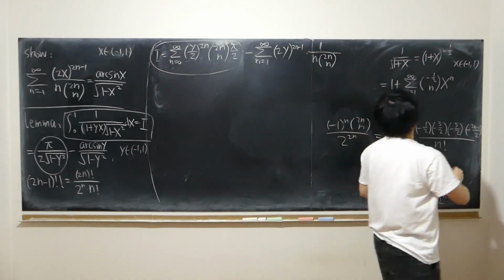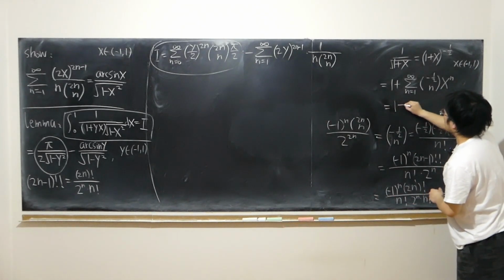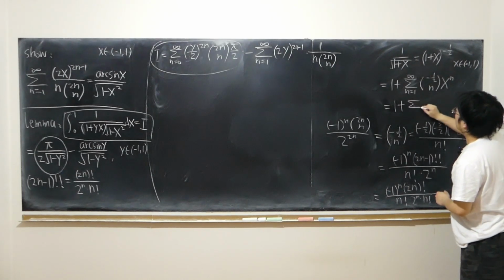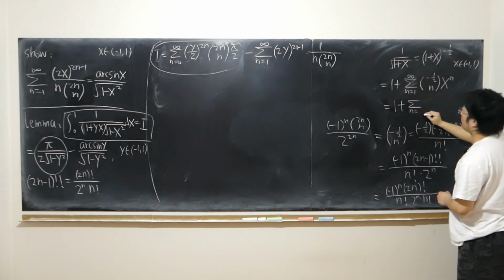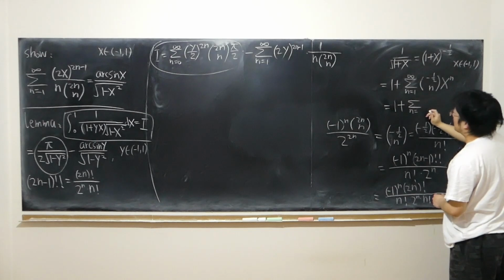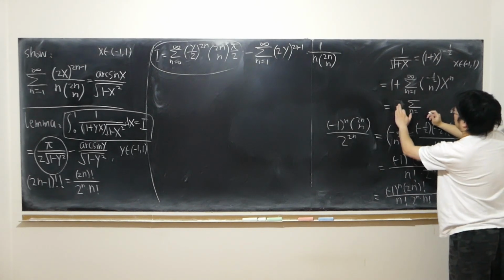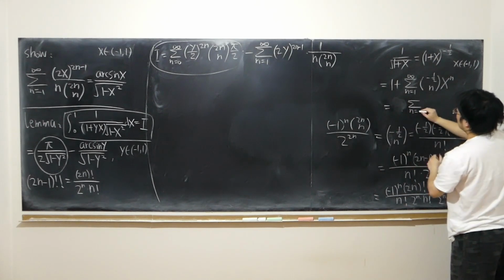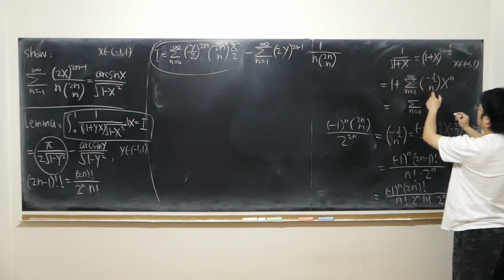So you can write this power series, in fact, by combining the 1 into here, so n goes from 0.